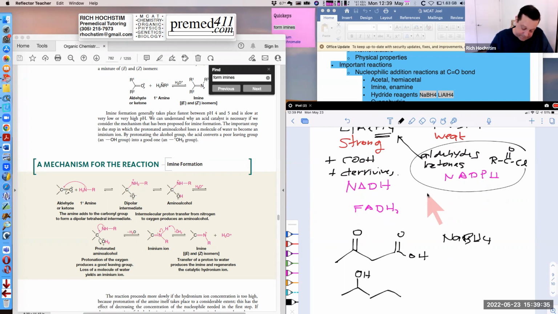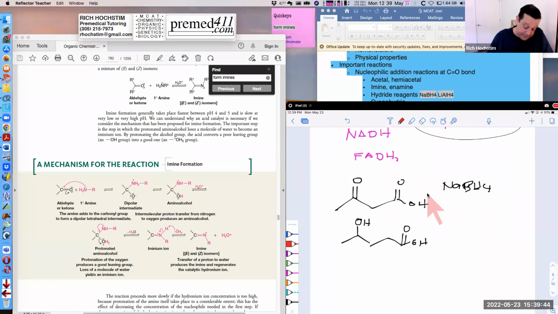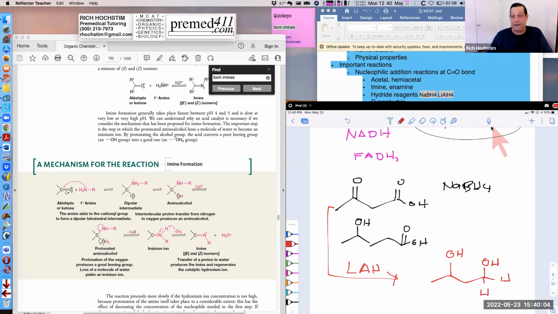And when it reduces it, the carboxylic acid is going to remain in place because it doesn't react. On the other hand, if we take the same molecule and react it with lithium aluminum hydride, now what's going to happen is it's not only going to reduce the ketone, it's also going to come over here and reduce the carboxylic acid to the alcohol. So that's the idea, and that's what makes these important.